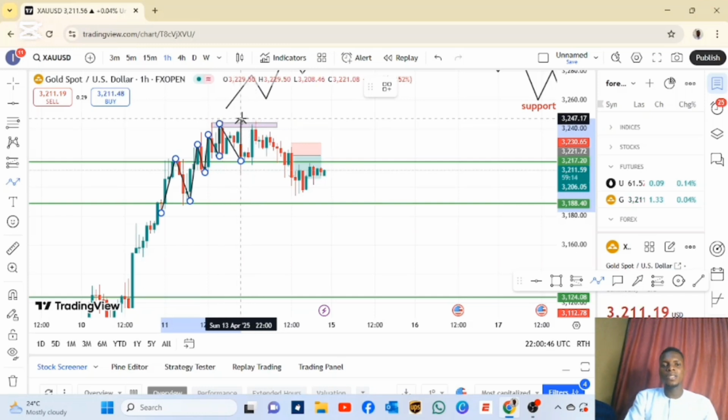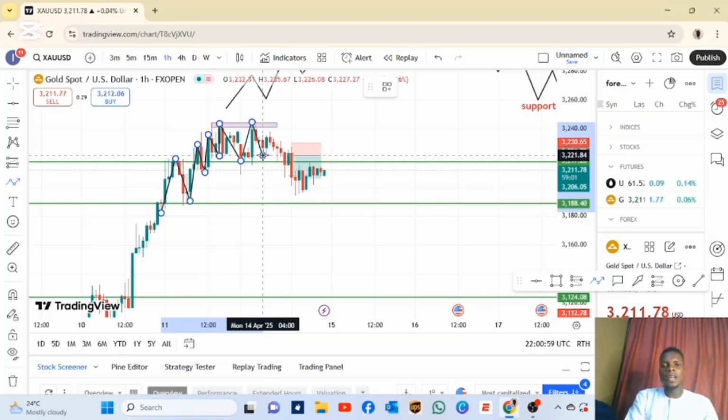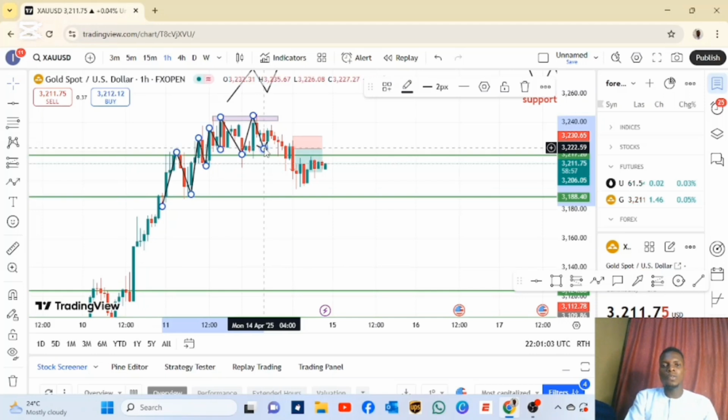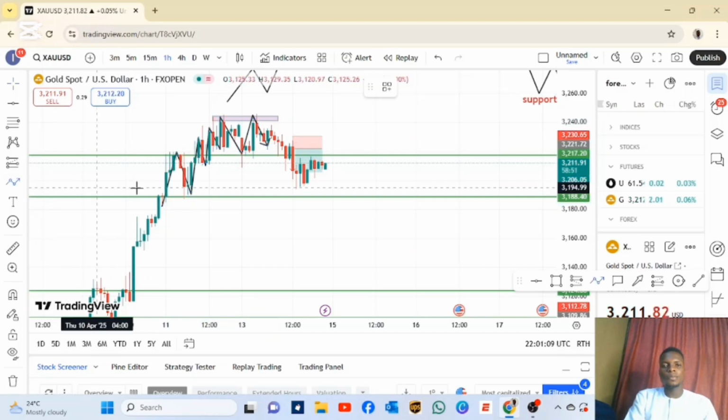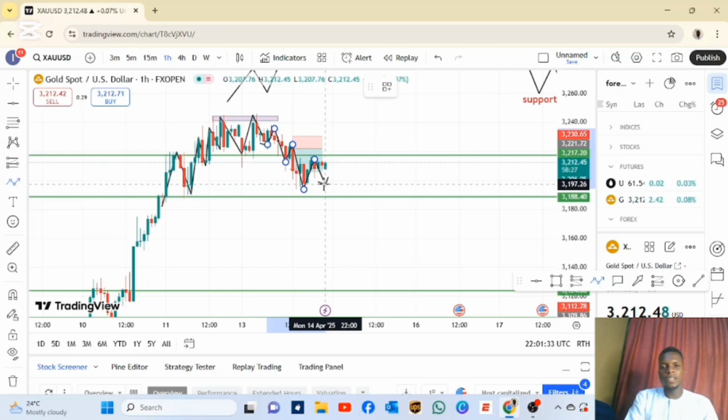But the moment this market failed to break this level, you can see that the market formed another low right here and then formed a lower high, forms a lower high right here, and then a lower low, high, lower high, lower low, lower high, and then a potential low for me right here.